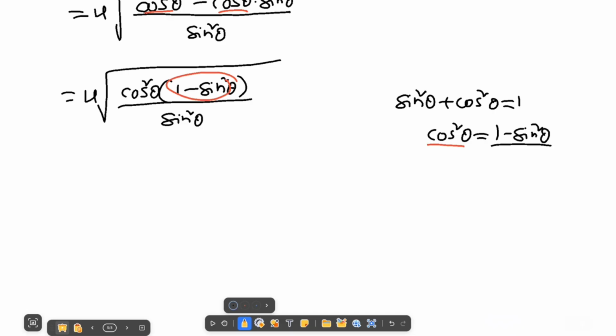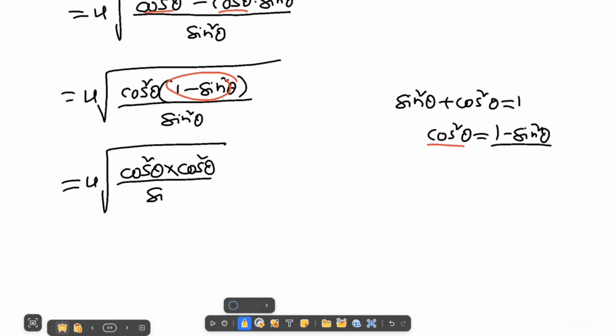Now it will become 4 times of under root of cos square theta into cos square theta whole by sin square theta. Now here the square root and squares get cancelled. So what are the remaining things? 4 times of cos theta into cos theta by sin theta.